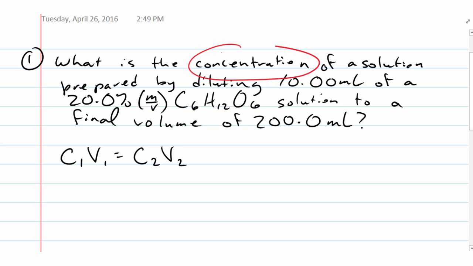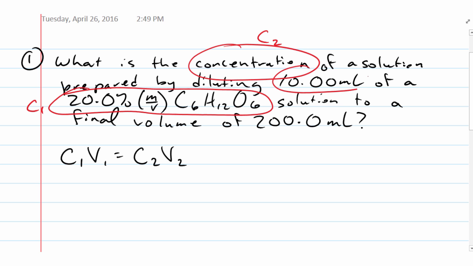After. We want to know what is C2. Then, if this is C2, that must mean that this one here is C1, and the 10.0 milliliters must be V1. The 200 milliliters must be V2.